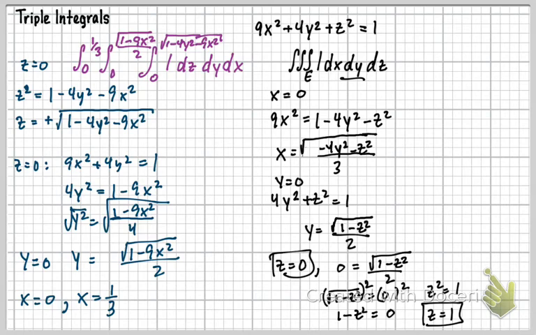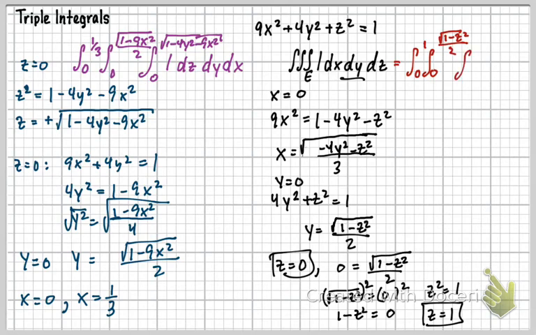So for this triple integral, the bounds for my z are 0 to 1. And then for my y, it's going to be 0 to the square root of (1 minus z squared) over 2.